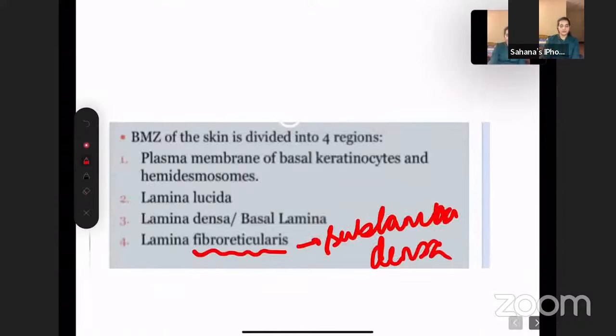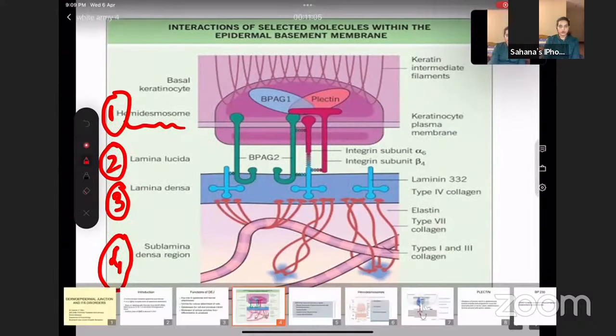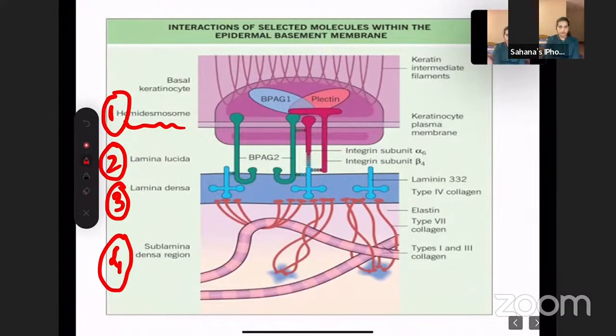We studied 4 structures in the hemidesmosome: BPAG1, also known as BP230, BP180, plectin, and integrin. These are the 4 structures, and this basically was your structure of hemidesmosome.